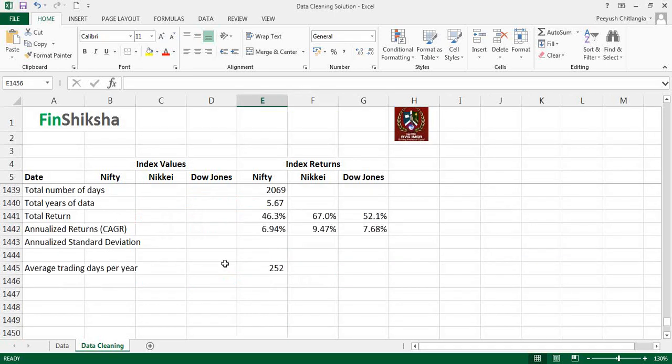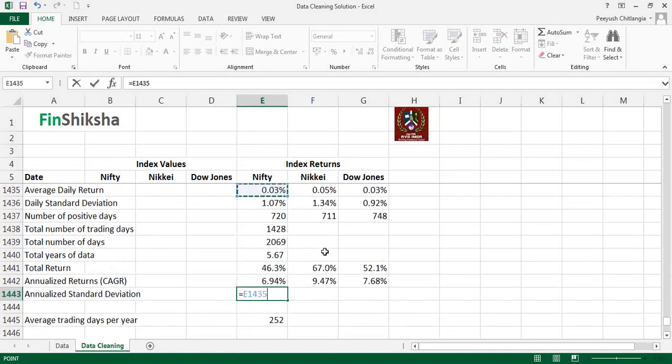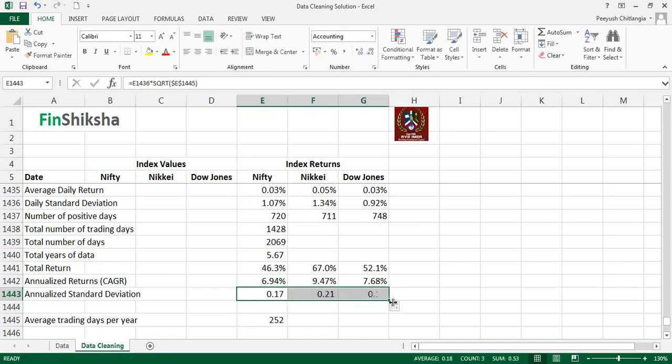So let's calculate that very quickly. This is going to be 1.07 into square root of, and in fact I can link this 252 here so that number is there. We'll freeze the 252 bit and we can drag it on the right hand side, and we get the annualized standard deviation of Nifty as 17%, Nikkei as 21%, and Dow Jones as 14%.